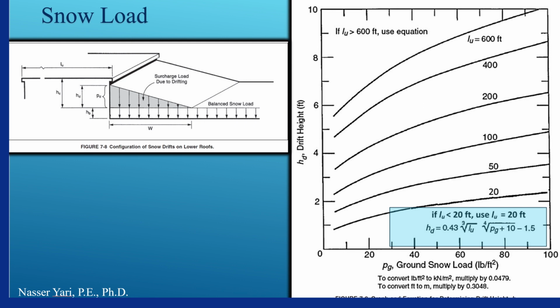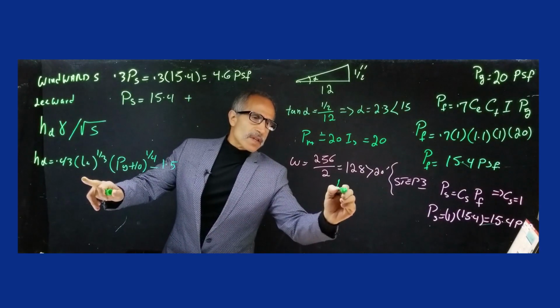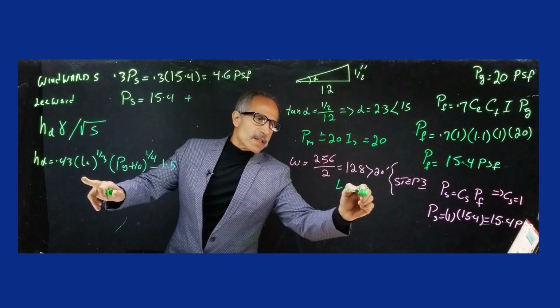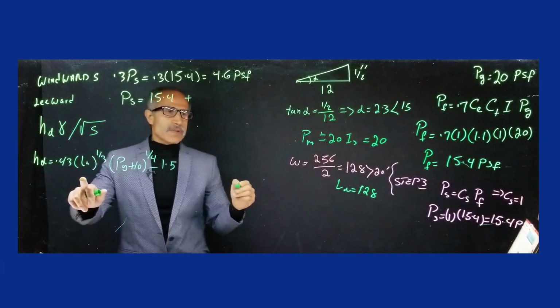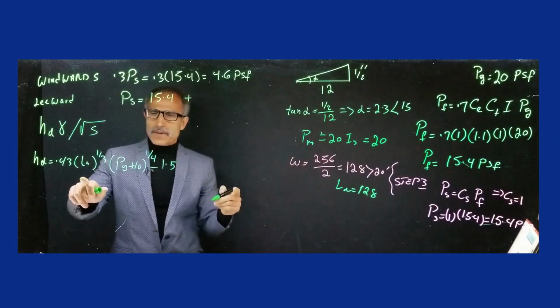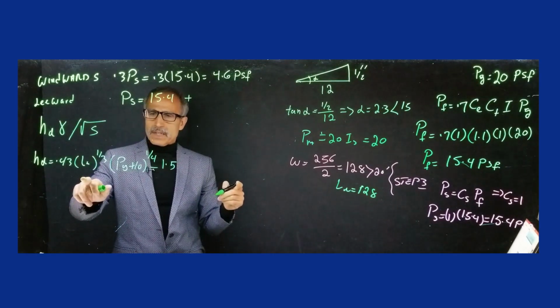So we got to figure out HD. LU is the same as 128. That's the same as W itself.